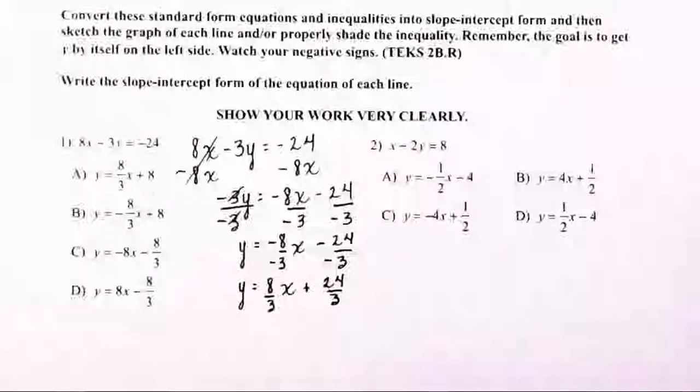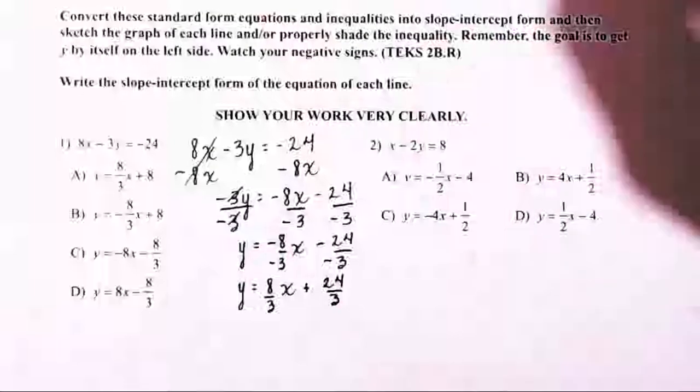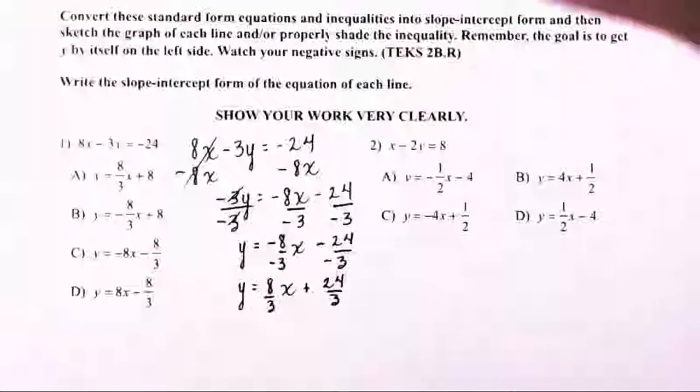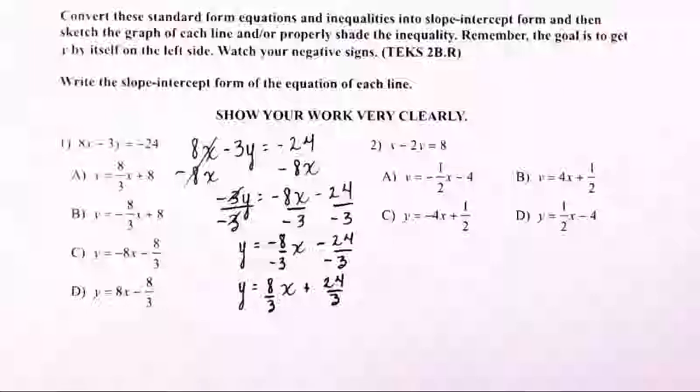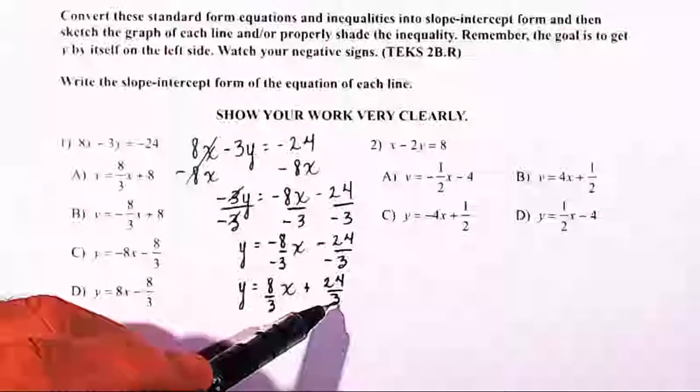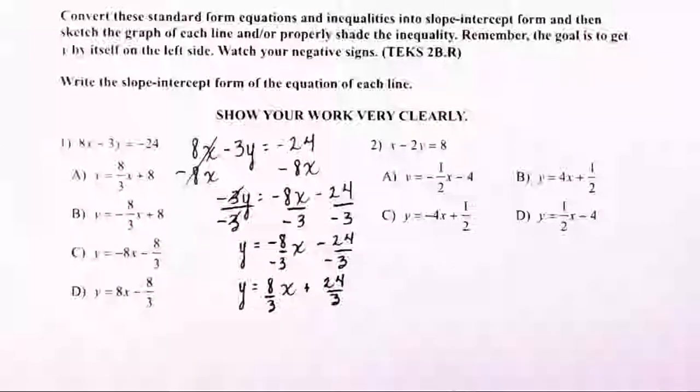Now we're going to do the final step, which is to simplify 24 over 3. Our fraction here can actually simplify to a whole number because 3 can be multiplied by some number to get 24.